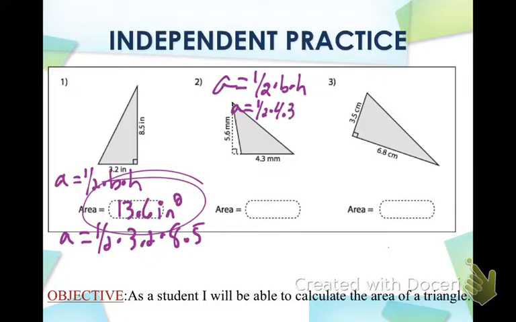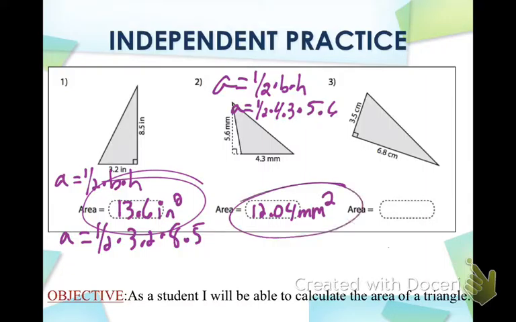For those of you that can't remember, 1/2 is the same thing as 0.5. It might be easier to put in your calculator, times 5 and 6/10. If you multiply all those together, you're going to get area equals, we'll put it in the box, 12 and 400ths, and we need our label, millimeters squared. That's your answer to that one.